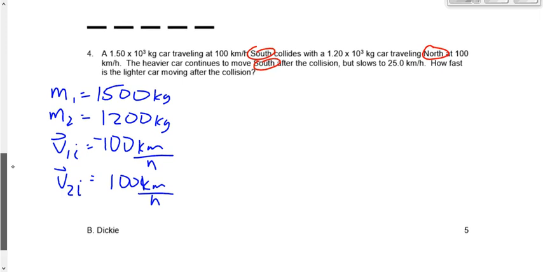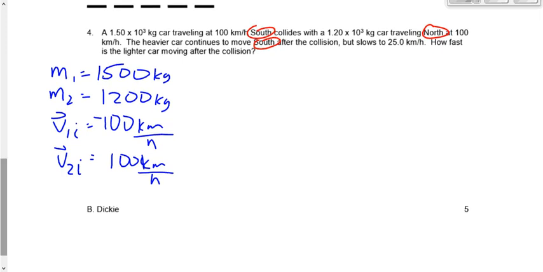Now the heavier car, which one's the heavier car? 1 or 2? 1. So that's going to be V1. Moves south after the collision. Okay, that's going to be V1F, right? Is negative 25 kilometers per hour. And we're looking for the lighter car's velocity, V2, after the collision, V2F.